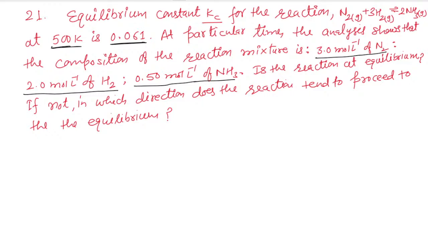So now we have to show, is the reaction at equilibrium? To determine it, we calculate Qc for the reaction and compare it with Kc. If Qc is equal to Kc, then the reaction is at equilibrium. If Qc is less than Kc, the reaction goes forward. If Qc is greater than Kc, the reaction moves backward. That's what we have to do.